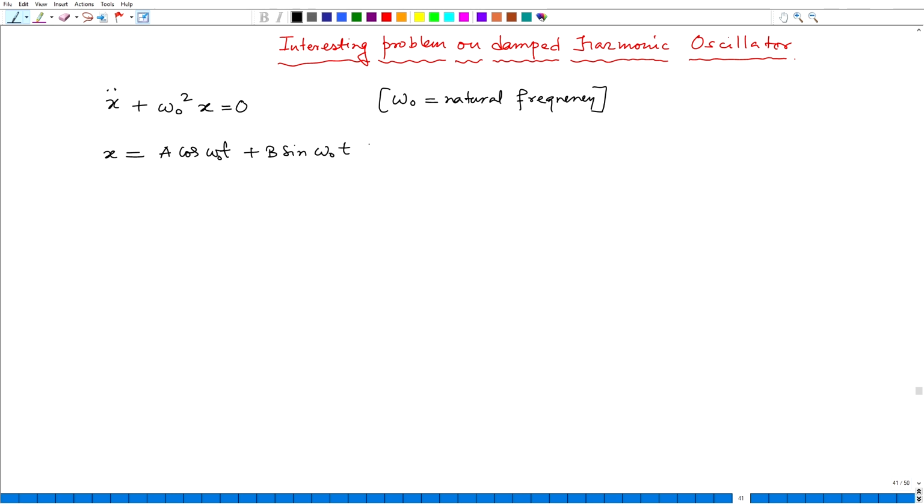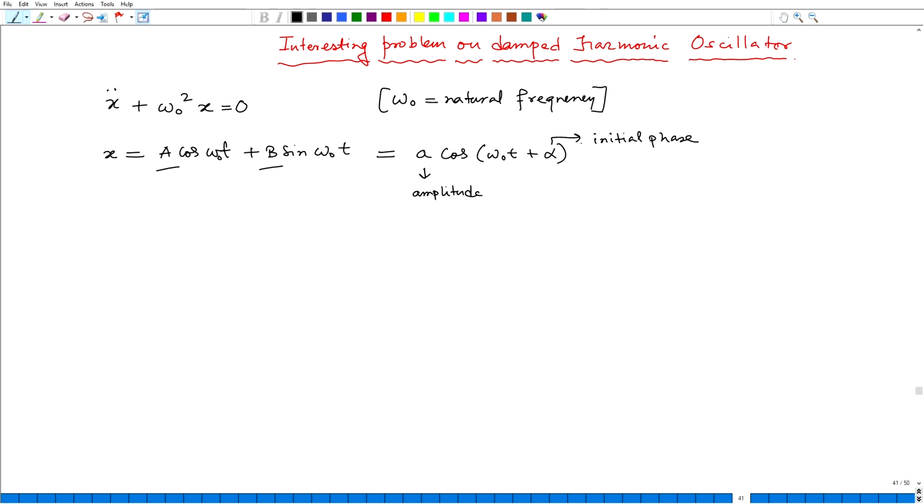And then we have said that we can also write it in a compact form like this: A cos(omega 0 t plus alpha), where alpha is the initial phase or the epoch and A is the resulting amplitude. You can always write that by choosing A and B smartly in terms of small a and alpha.